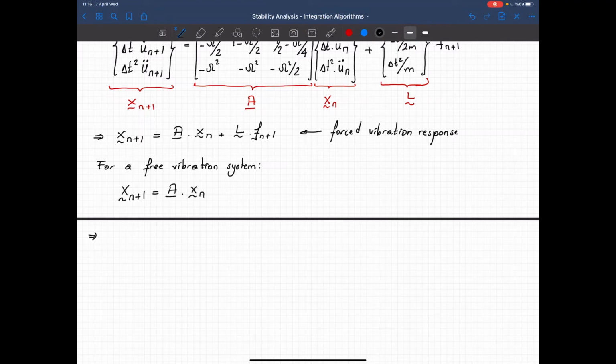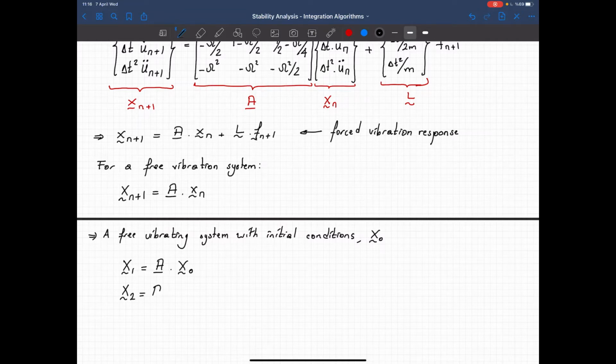Okay, so a free vibrating system with some initial conditions equal to x0. So my parameters at the first time step will be equal to A times x0, right?